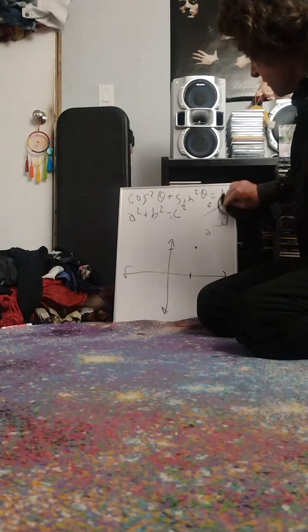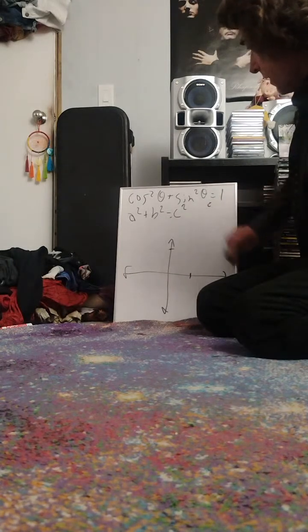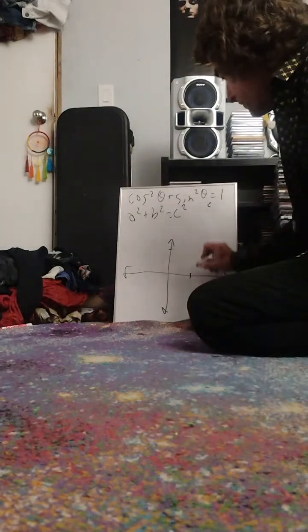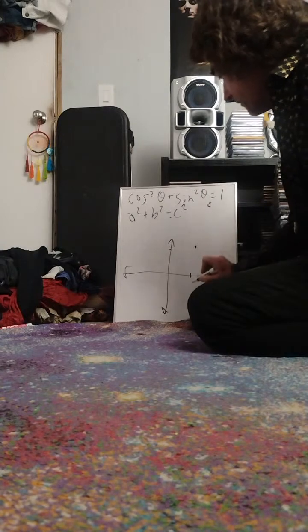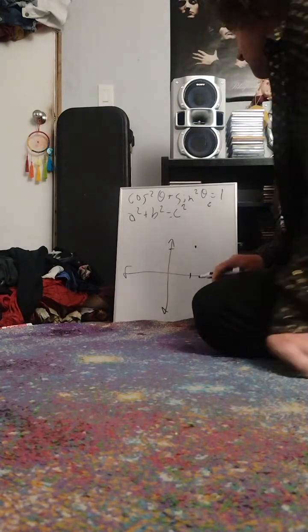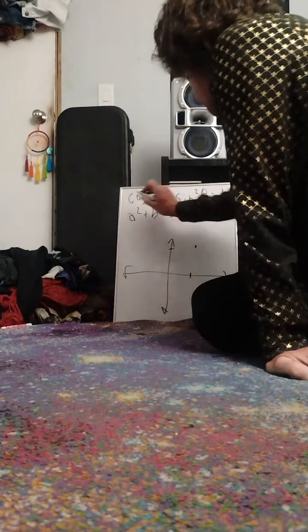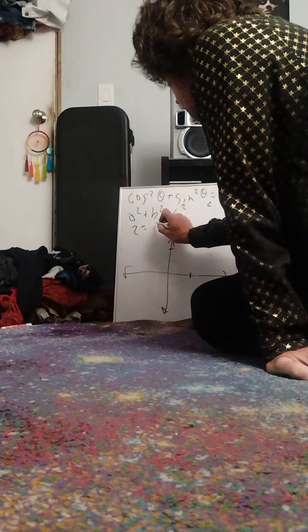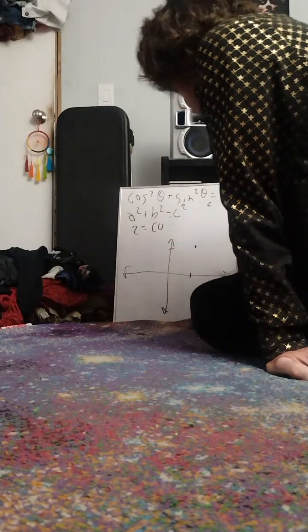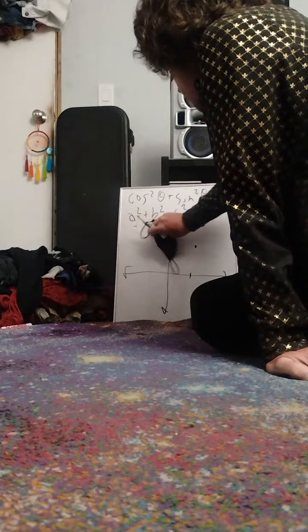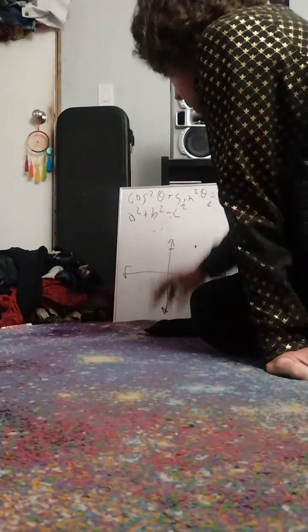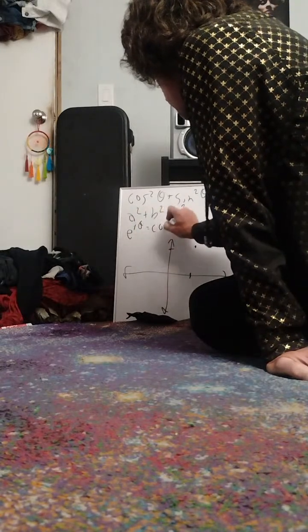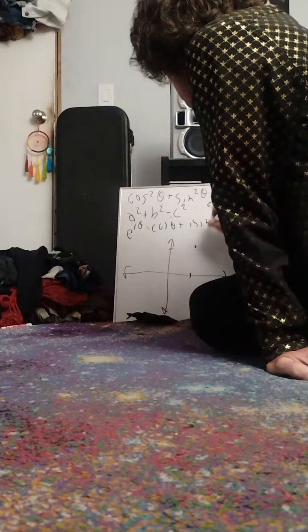So what I'm going to do is say that for this point right here, I have e to the i theta equals cosine theta plus i sine theta.